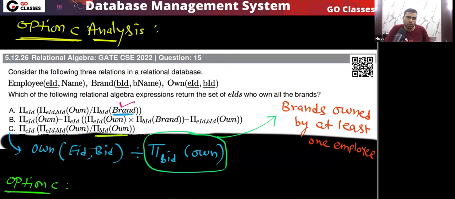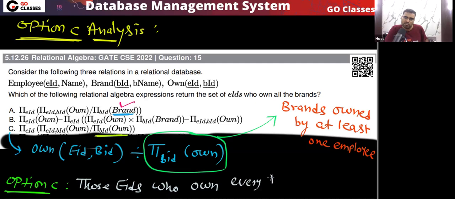Option C will give you those employees who own every brand which is owned by at least one employee. Basically, those EIDs who own every brand which is owned by at least one employee.